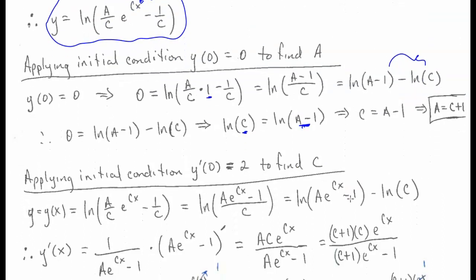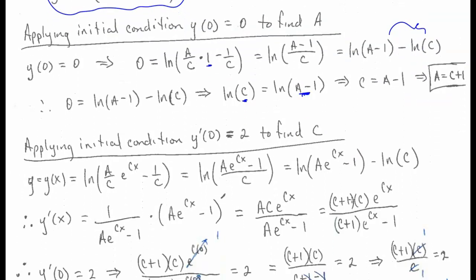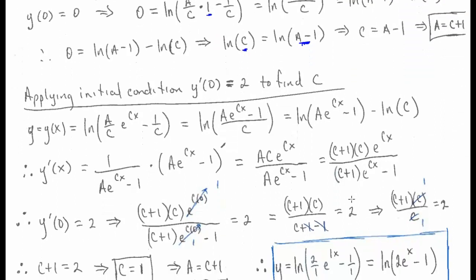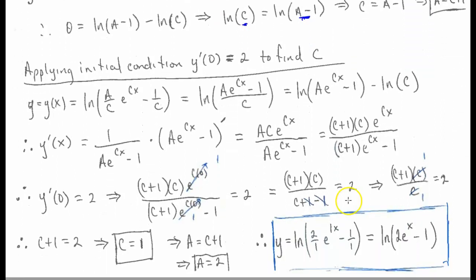So if we apply the second initial condition, notice that I'm taking the function that I got here and rewriting it because I know I'm going to take the derivative of it. I'll rewrite it in this fashion to make it a little bit easier to deal with.